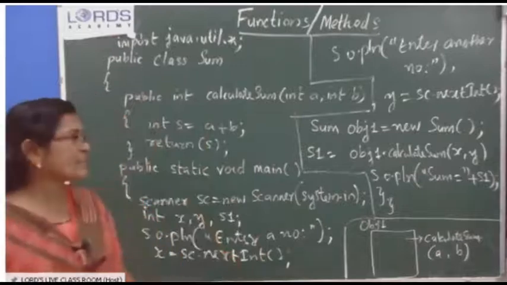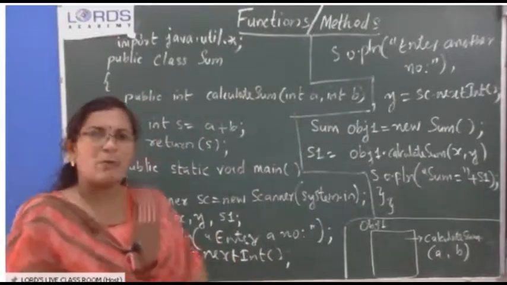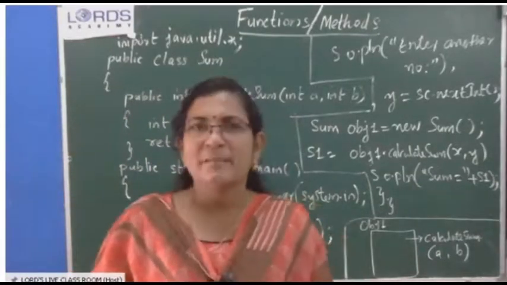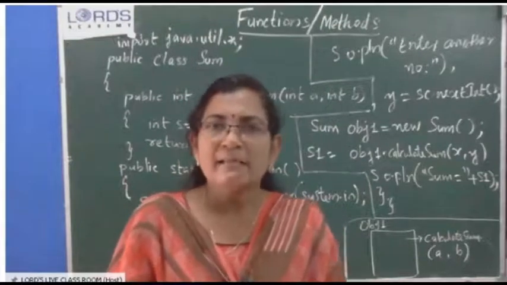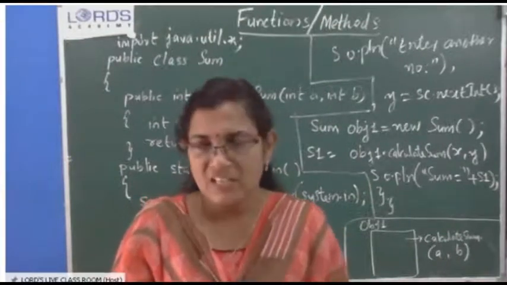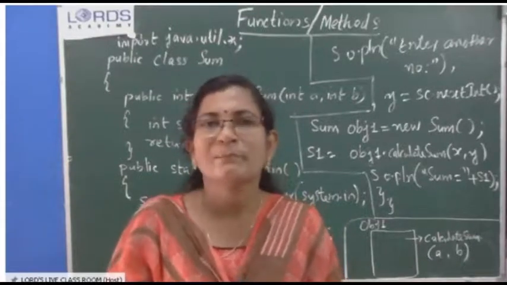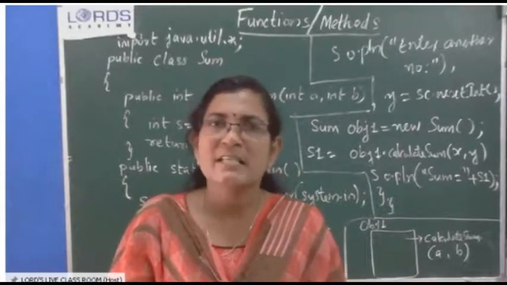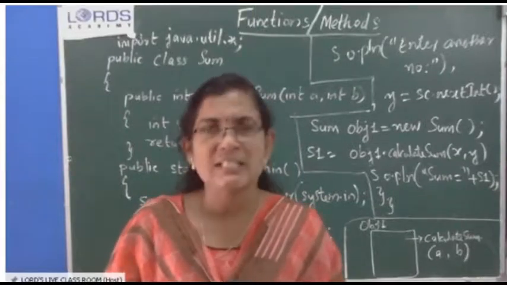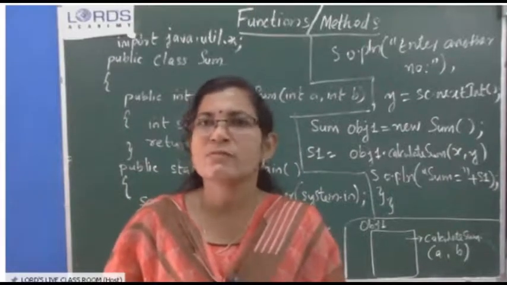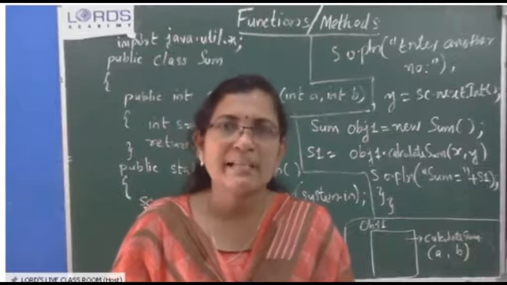So, how do you execute this program? This is a simple program. Write a program with a function, calculate sum, to find the sum of any two given integers, and write a main method also to invoke the calculate sum method.